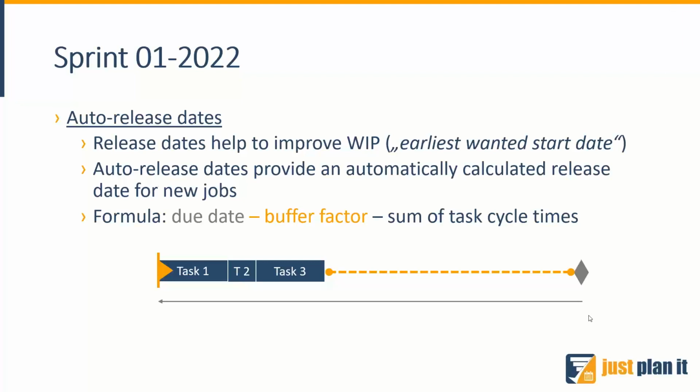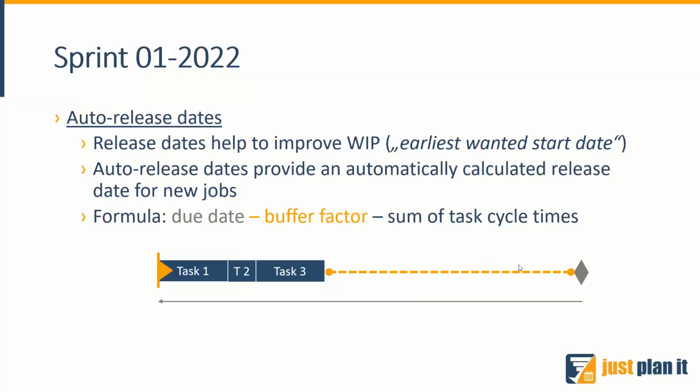And this is a backwards calculation from the given due date of your job. Backwards, it is calculated. And what is considered? Considered is the total sum of all cycle times of your entire amount of operations tasks. And there is a supplement on this.